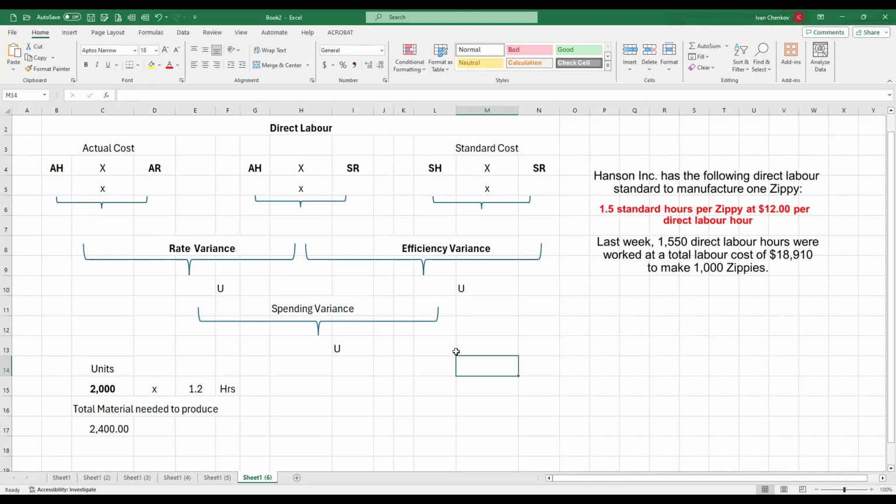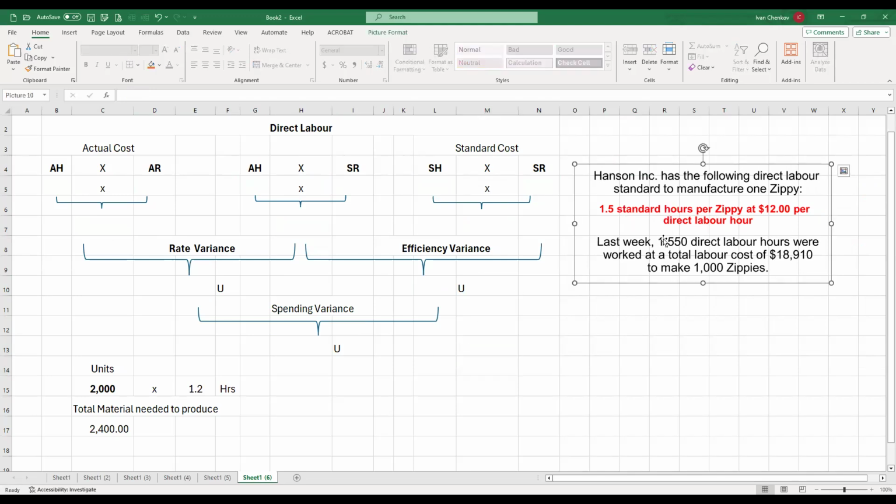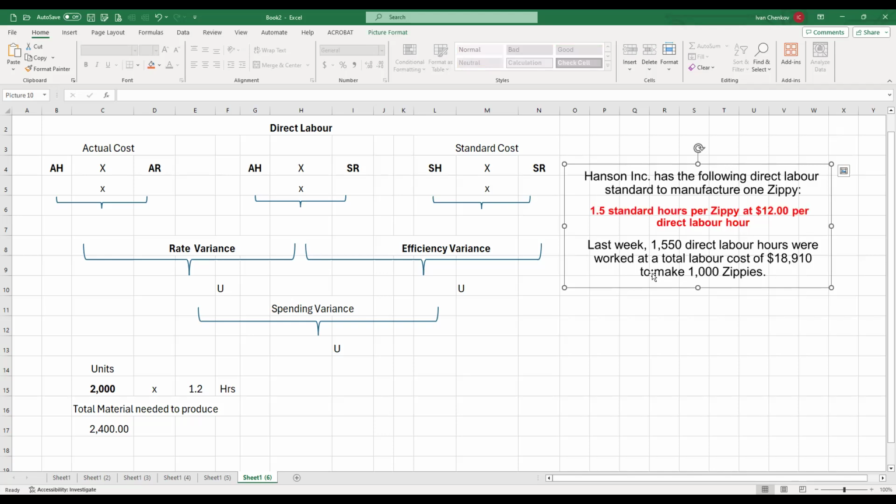All right. This company has the following direct labor standards to manufacture ZP. 1.5 standard hours for one product, for which they pay $12 per one direct labor hour based on their standards.